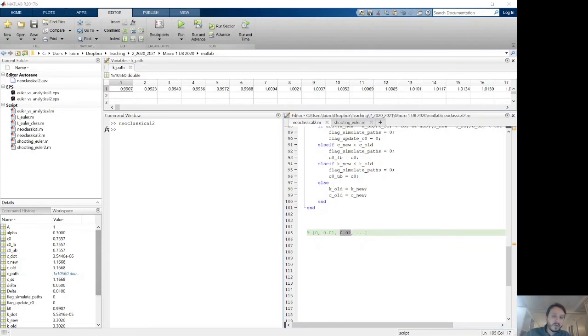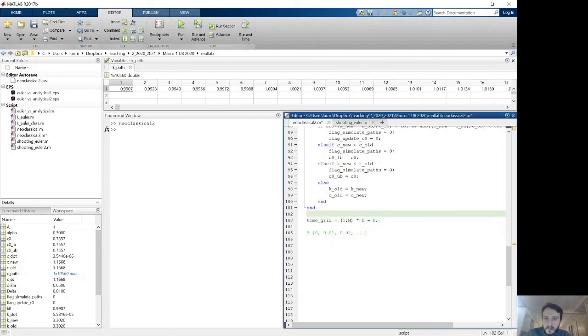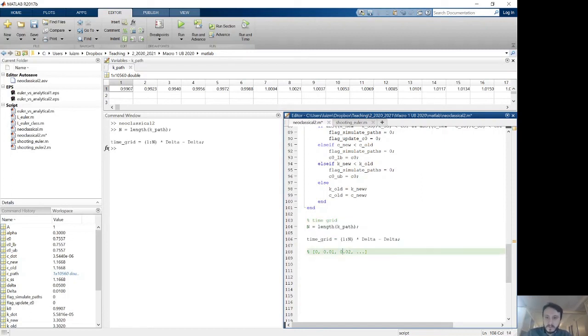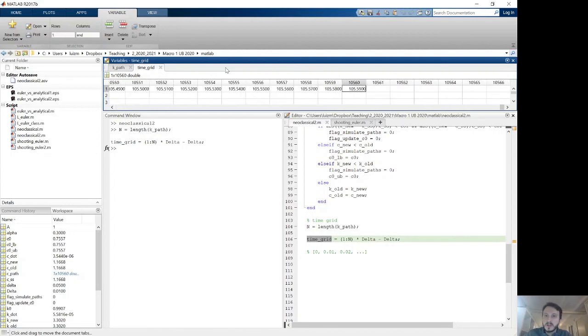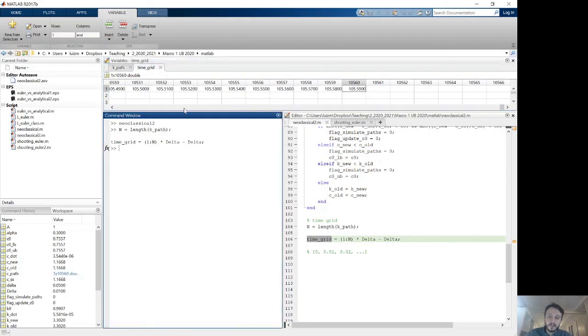So the formula for this is something like this. So let me write length of k path, time grid, and here it's delta. So if I run this and then I open this variable, it is 0.01, and then it has 10,560 entries here. Okay, that's what we want.